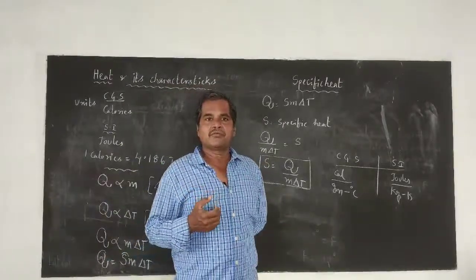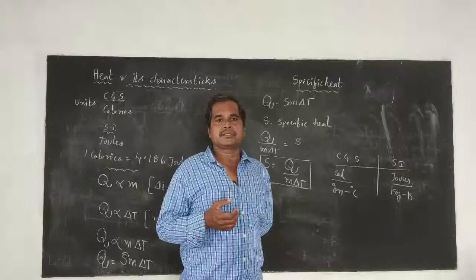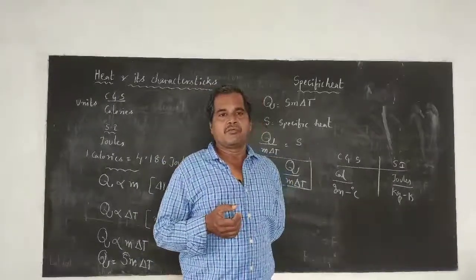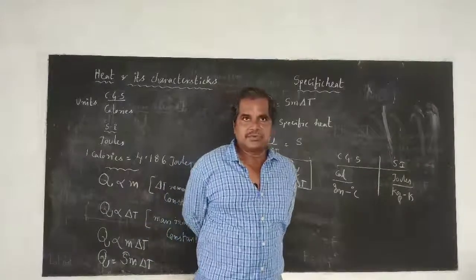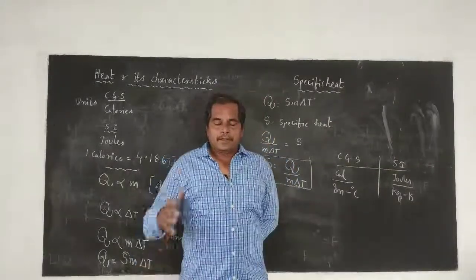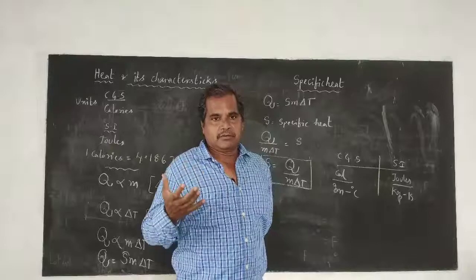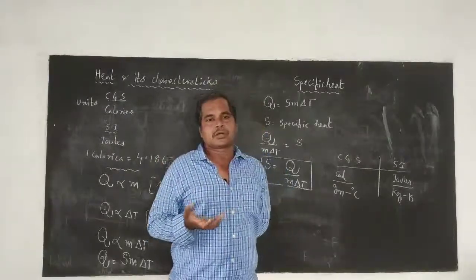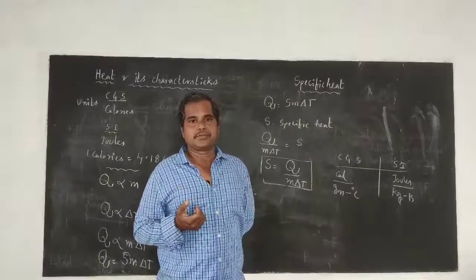In nature, we have so many materials, among which water has high specific heat value. So that's why the oceans on our planet, so many seas and oceans, are called heat stores.